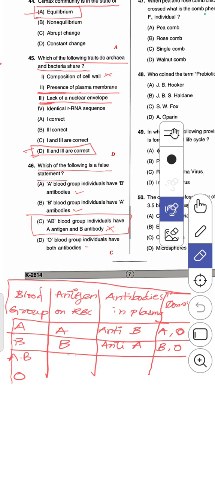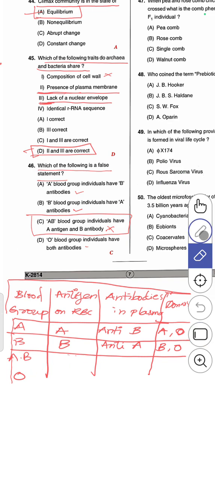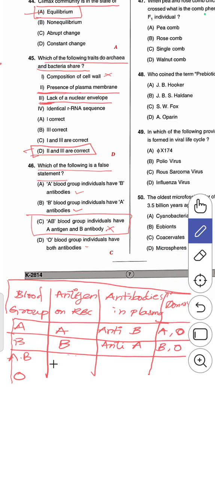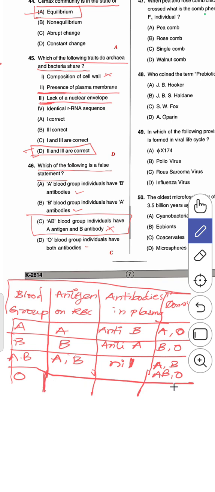In AB blood group, the antigen on RBC would be both A and B, but antibodies in plasma will be nil. So they can receive blood from all the individuals like A, B, AB and O. These AB blood group individuals can receive blood from everyone, so they are considered universal acceptors or recipients.